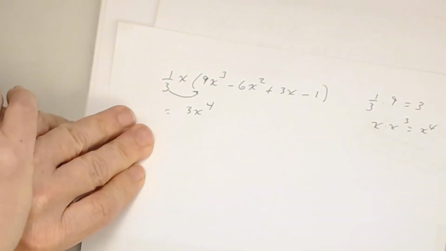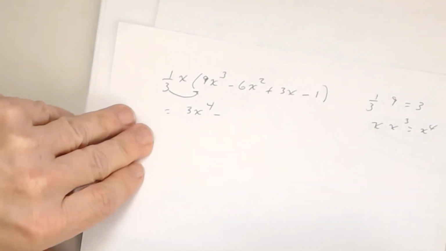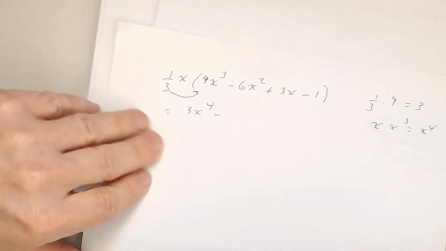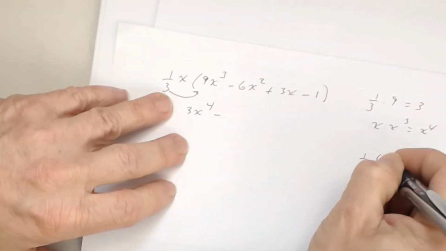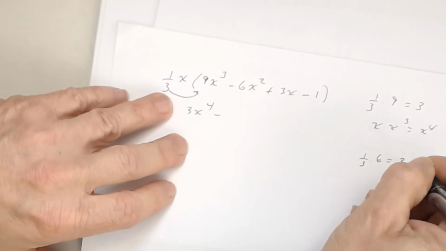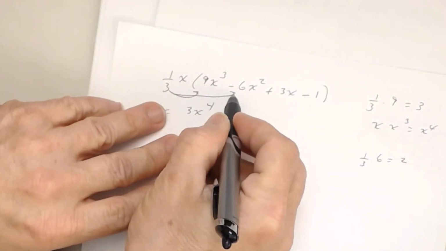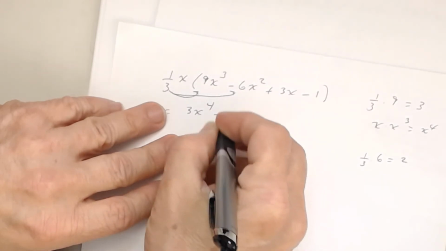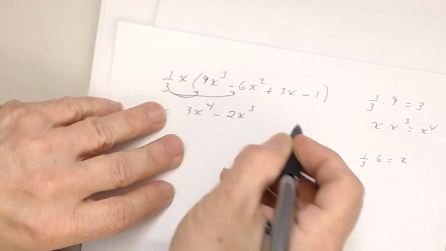Okay? Now, a positive times a negative is a negative. So what if you had, well, the next one, what's 1/3 of 6? 2. But what's x times x squared, though? X cubed. So what's going to be this term? 2x to the third power.